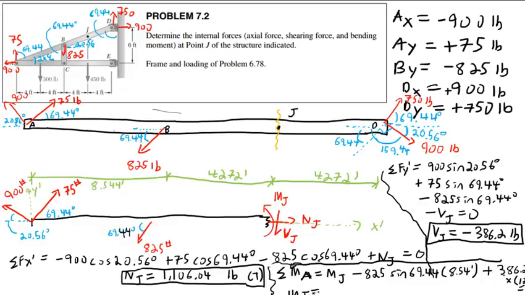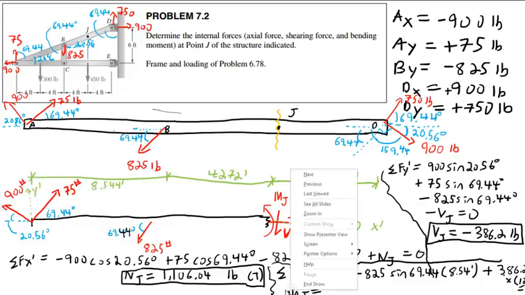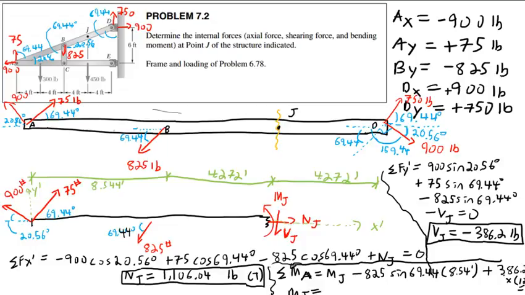And Mj, therefore, the internal bending moment at point J, is going to be equal to negative 825 times the sine of 69.44 times 8.544, plus the 386.2 times the distance of 12.8 feet.